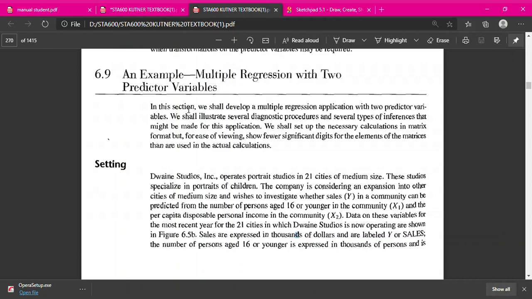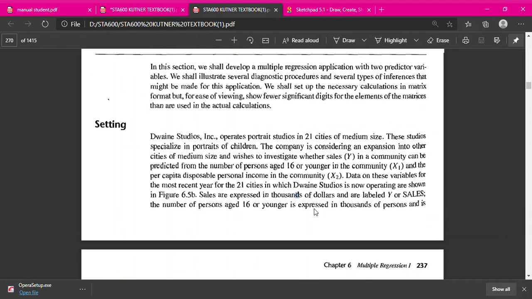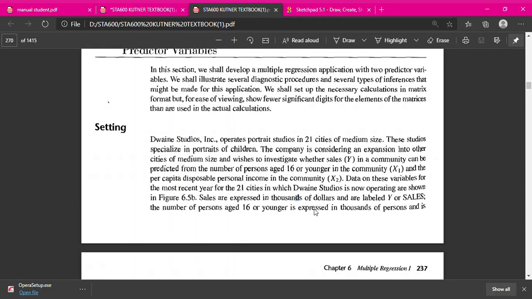Okay, or if you want to generate the output, we can use SAS/EG or SPSS. So I show this for two predictor variables because, for exam orientation, if you are asked to calculate manually, you will be asked for two predictor variables only.